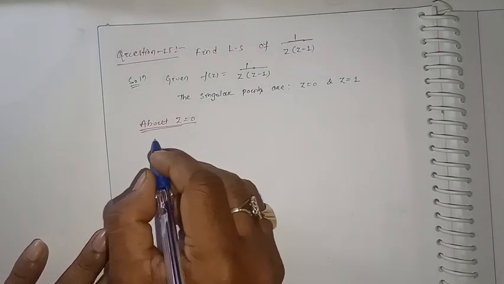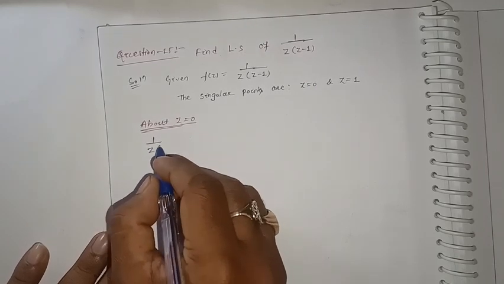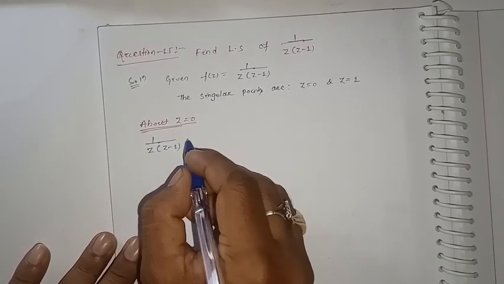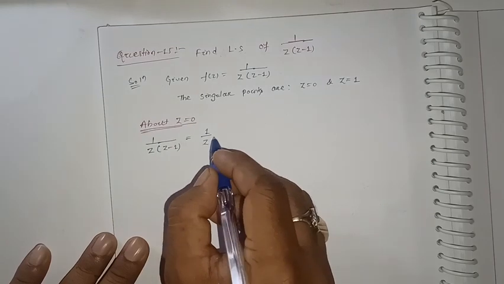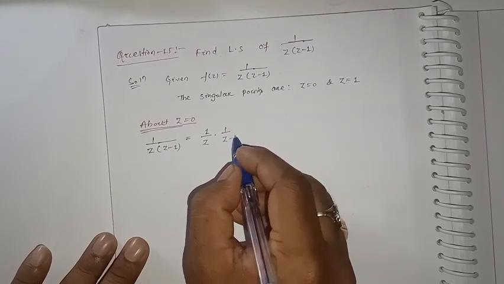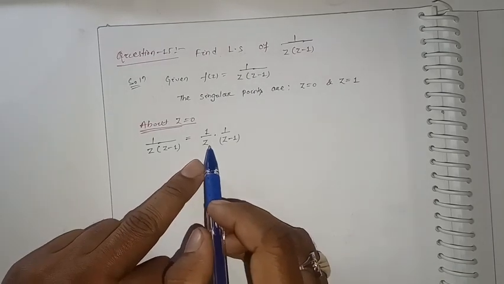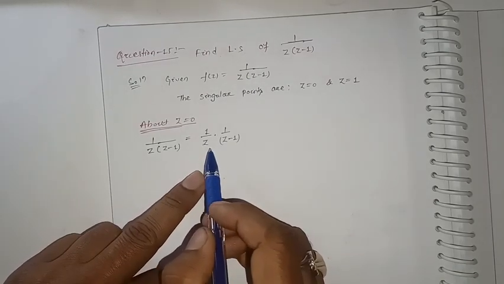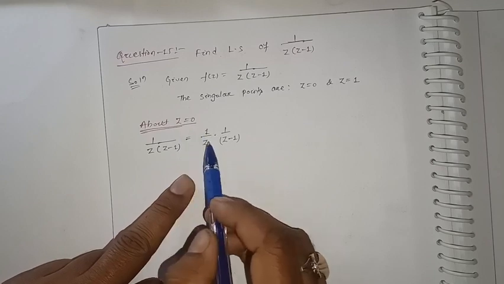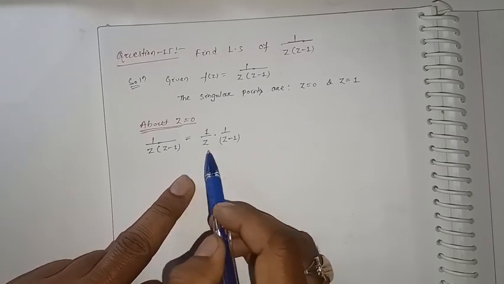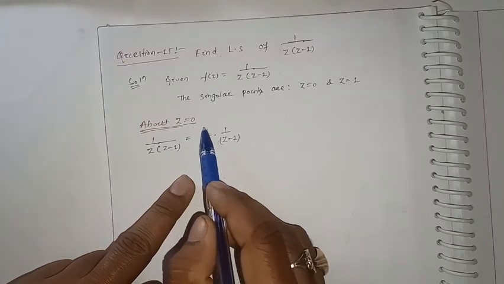So here 1 by z into z minus 1 is there. What do we have to write? First we have to write the two functions multiplied with each other: 1 by z into 1 by z minus 1. Just watch. 0 is the singular point for whom? For this one. z equal to 0 is the singular point for this function.